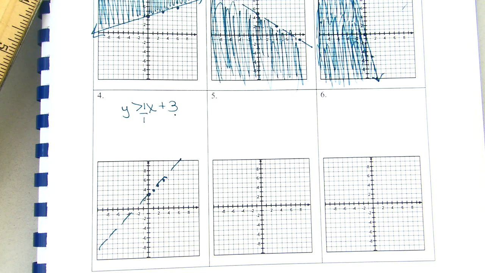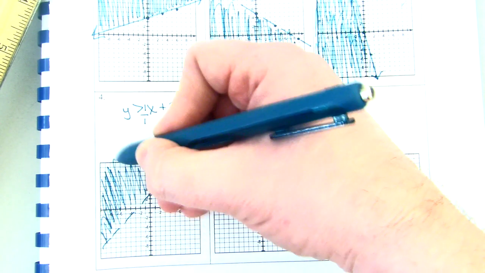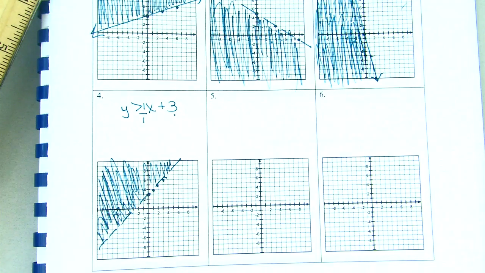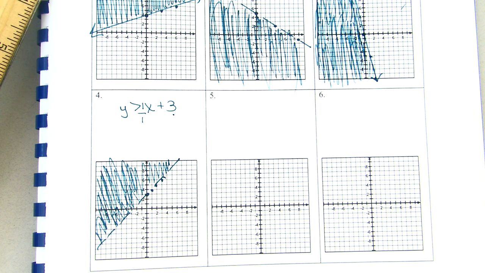Where are you shading? It's going to look like this. You don't need to get a whole lot on that one, just enough to make sure it's a good looking line. That's all I really care about with those.